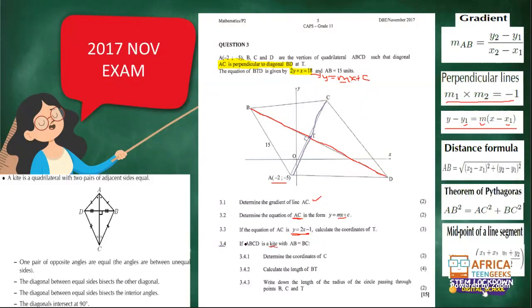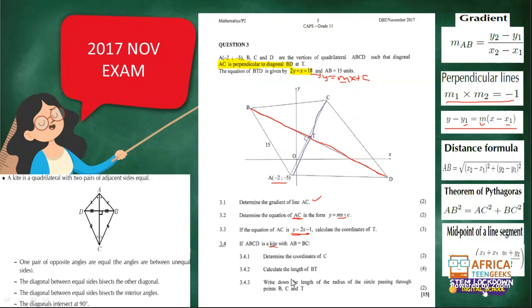So as soon as they specify that ABCD is a kite, it means we can use all the properties of a kite. We are allowed to use the properties of a kite to solve our problem because it is stated.